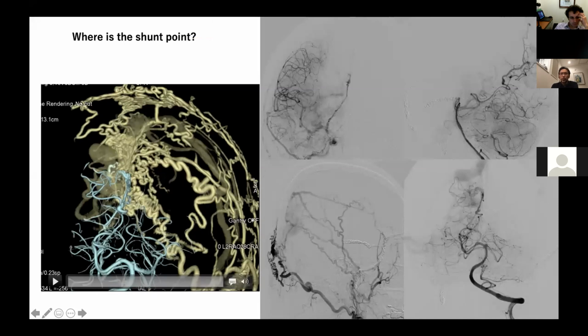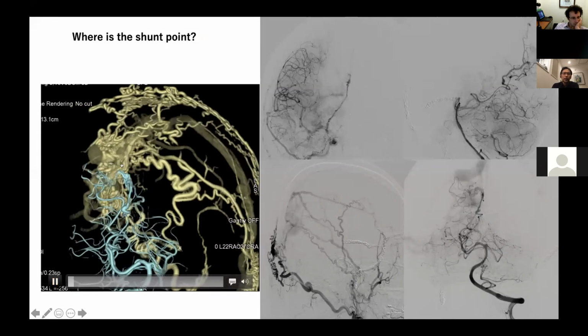To summarize the shunt point, where is it? I should have made some MPR images, but I put a single picture of a fusion of the injection from the vert, showing the right PCA dural branch into the shunt, and also the left middle meningeal distal branches joining about the same point along the midline.